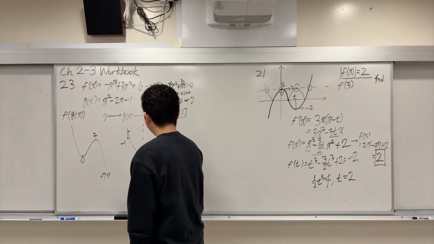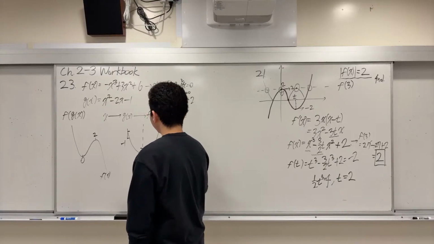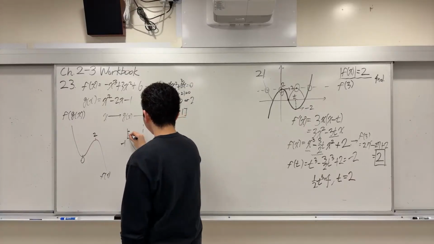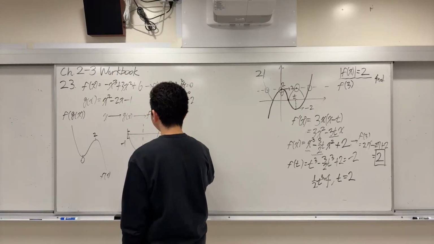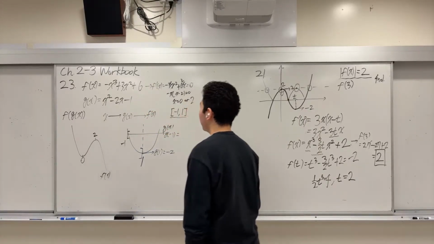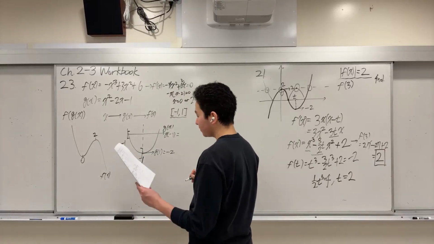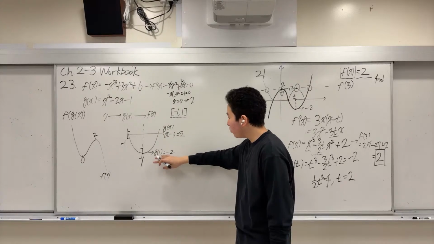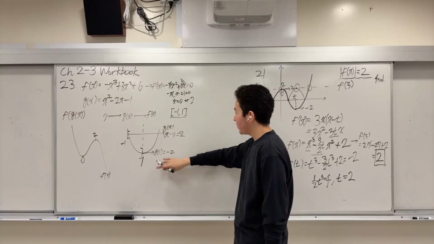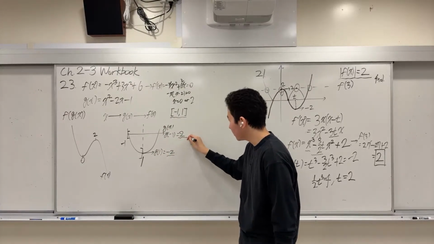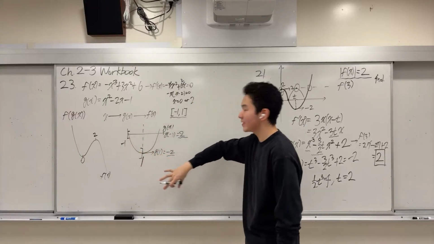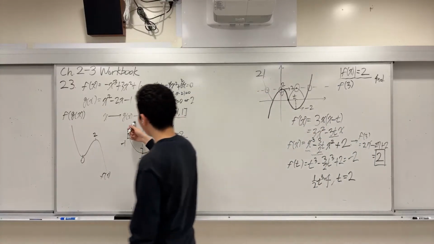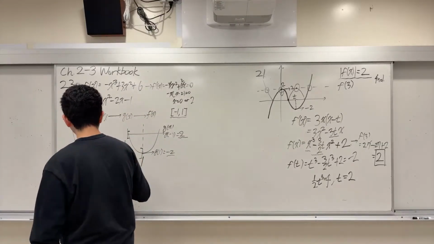So g of 1 is going to be equal to negative 2, and g of negative 1 is going to be equal to 2, right? Just plug them in. So our new input for f of x will be from negative 2 to 2. We're not looking at negative 1 to 1 anymore, since that was x. We're now looking at g of x. The domain for our new input for f is going to be negative 2 to 2.